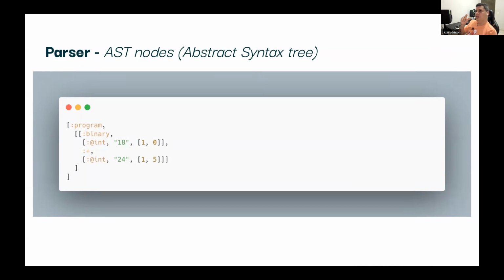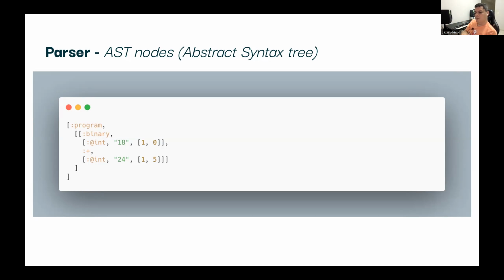So in Nokogiri, you have the nodes. Each node represents an HTML tag or something like that, and you iterate over these nodes and do whatever you want. So the abstract syntax tree is that.